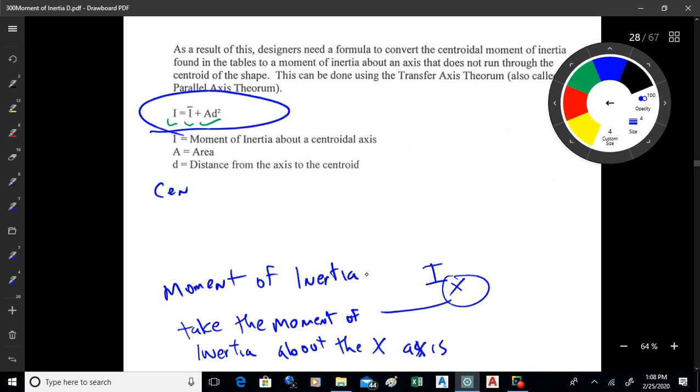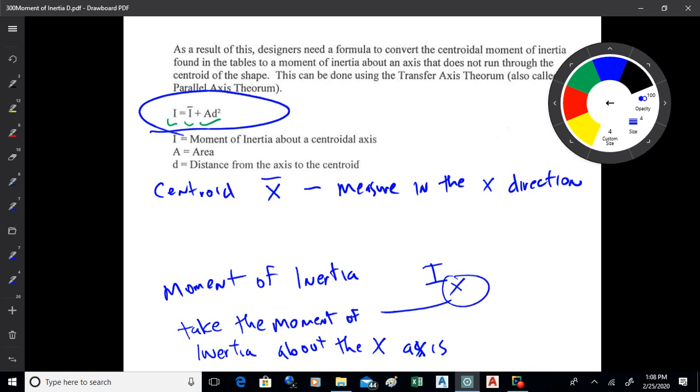Now for a centroid, if you say x bar, what that means is measure in the x direction. So these things have different ways of naming them.